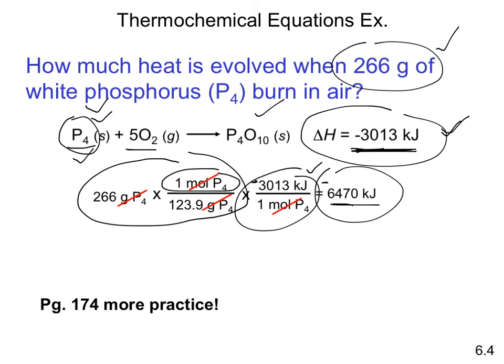So remember that the number of moles of your reactant is going to dictate how much energy is released. But you need to pay attention to how many moles of that specific reaction relates to your delta H value.